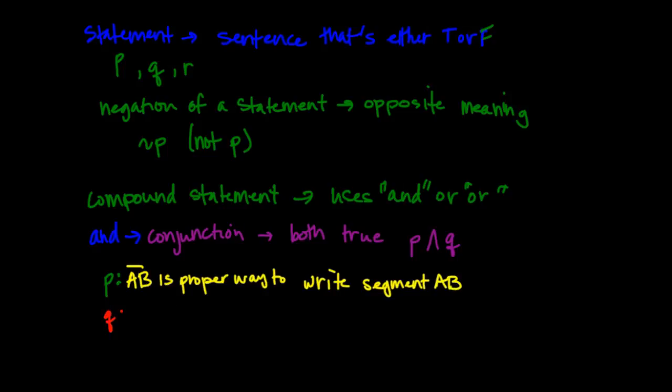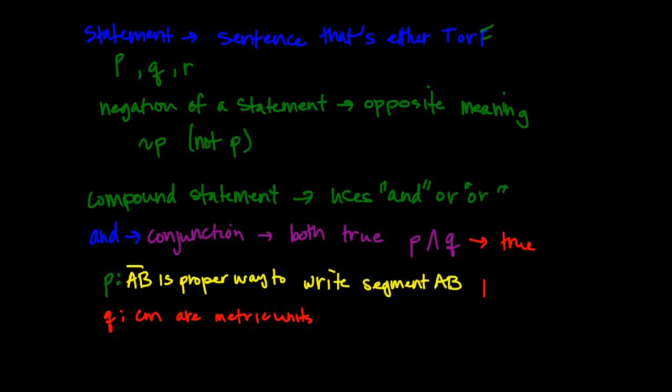Let's say that Q says meters are, let's do centimeters. Centimeters are metric units. Is that true? Yeah. So centimeters are metric units, and so both of those are true. So P and Q is a true statement. P or Q would also be true because only one has to be true. We'll get back to that in just a second.